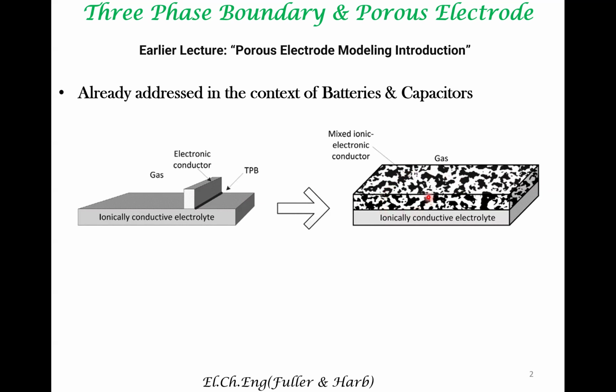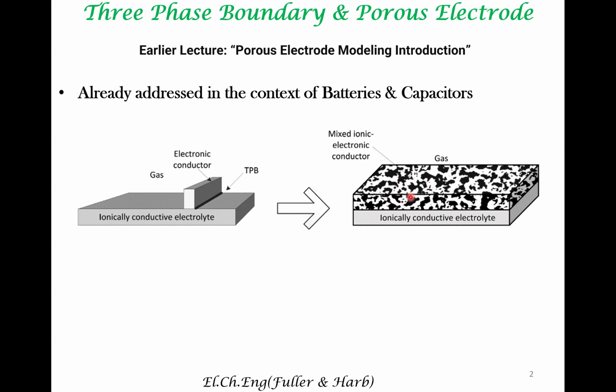A two-dimensional projection of a three-dimensional porous network doesn't really do justice, because the connectivity between the electronically conducting phase, the ionically conducting phase, and the phase which conducts the gases is not very clear in this kind of system.